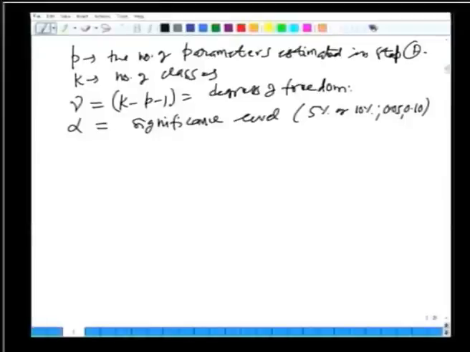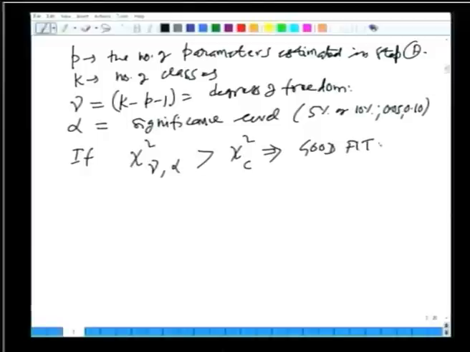Okay. So, then the condition is: if your chi-square for the degrees of freedom and alpha is greater than chi-square computed, means what? Means it is a good fit.